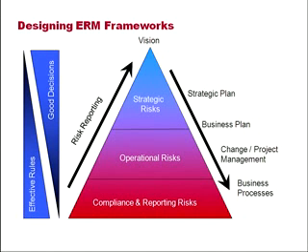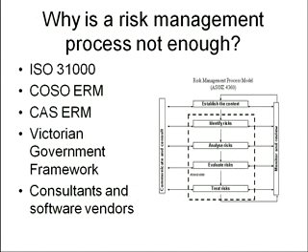Now, you've looked at the risk management process in assignment 1, and you'll be familiar with this process now: establishing the context, identifying, analysing, evaluating, and treating the risk as part of the risk management process.